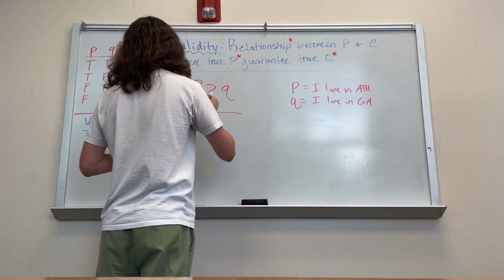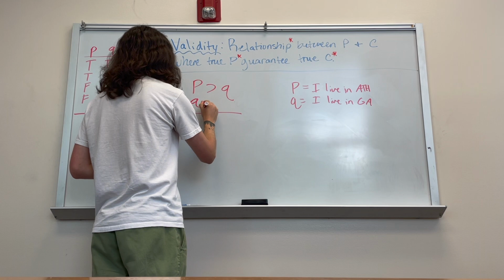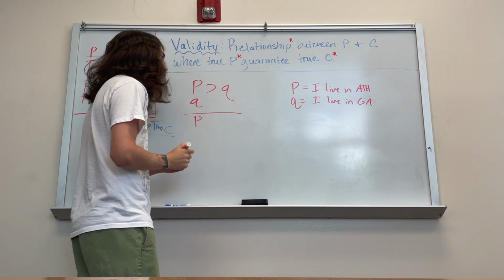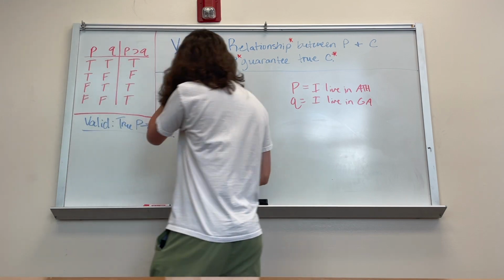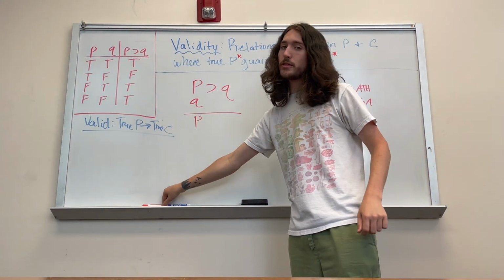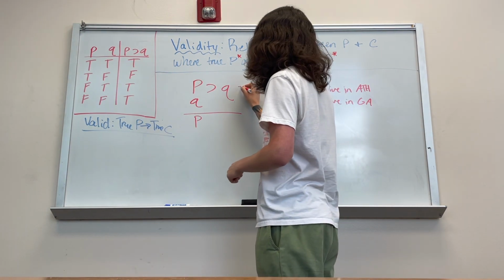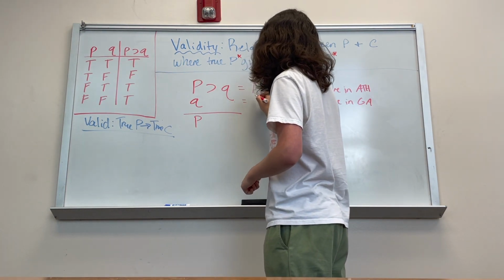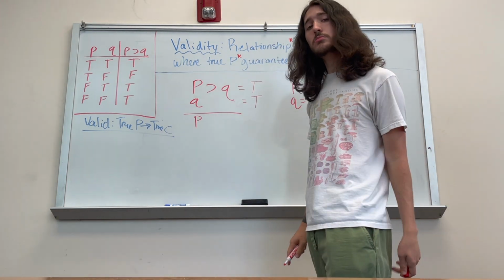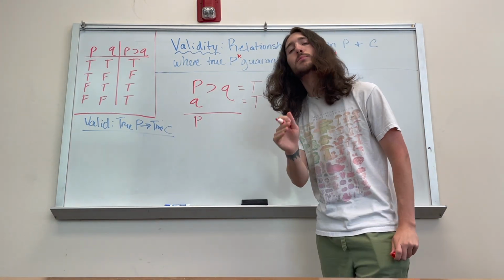On the surface, this might look valid, but it's not. Now I'm going to tell you why. Even if both of these premises are true, we'll grant them truth. P could be true, that's right, but it could be false.